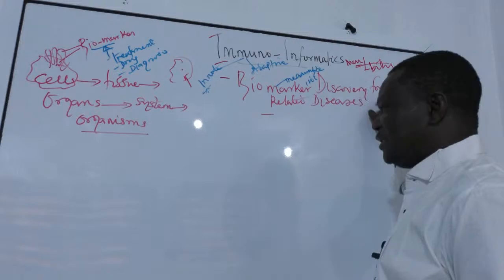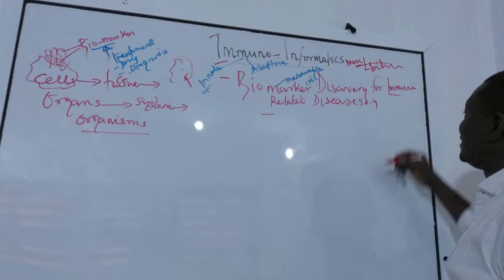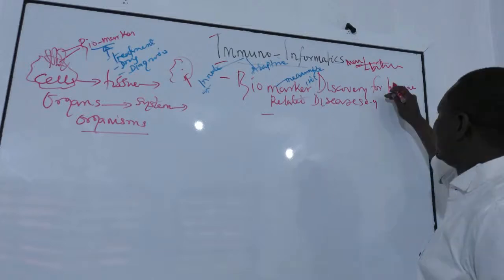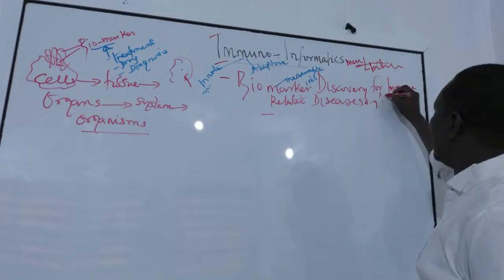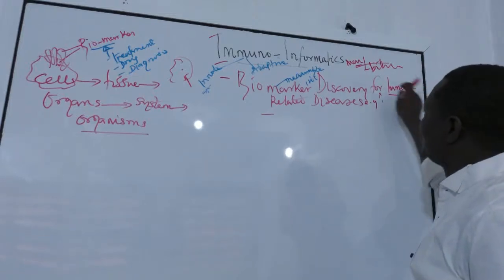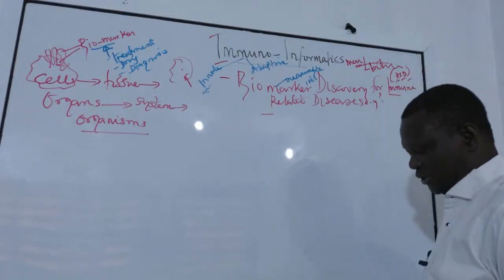But when we are talking of immune-related diseases, you should know that is a case whereby the cell is not able to tolerate self, and the immune system is fighting against itself. That is what is called immune-related diseases, or autoimmune diseases. It's still the same thing.